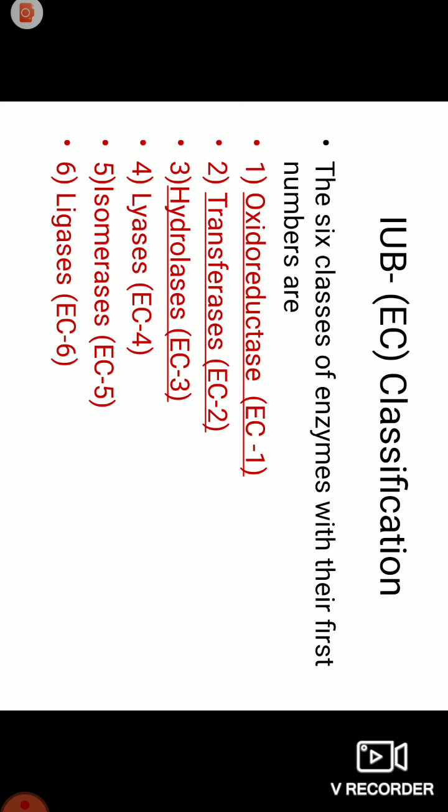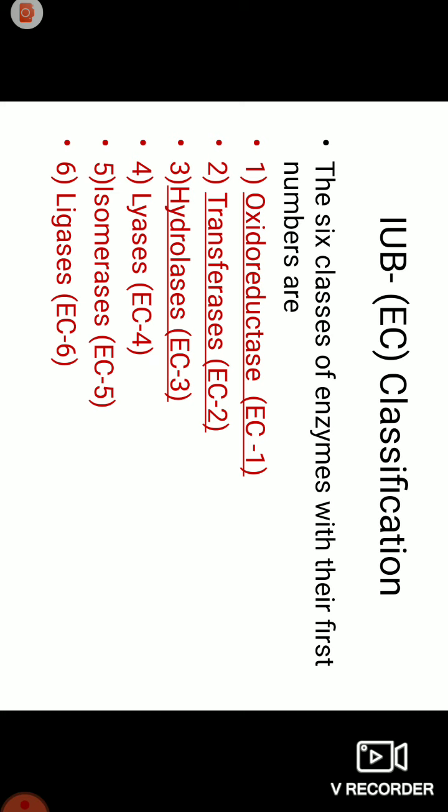But you can write ligase first or lyase first. But don't forget to put the EC number 4 to lyases in whatever order you write. So you have Othlil. So you study that phrase Othlil.